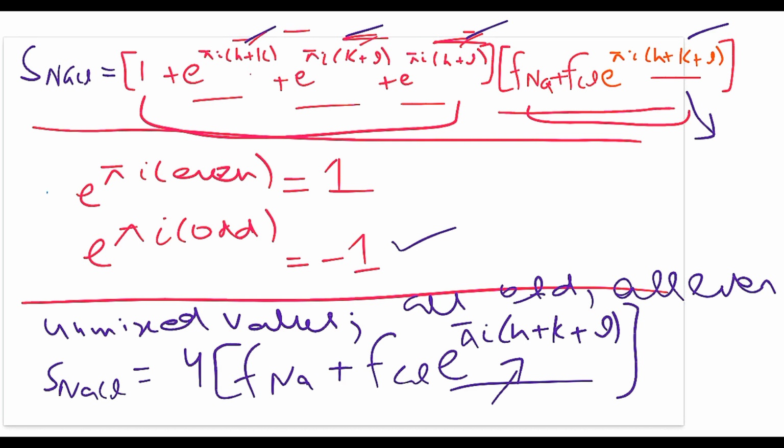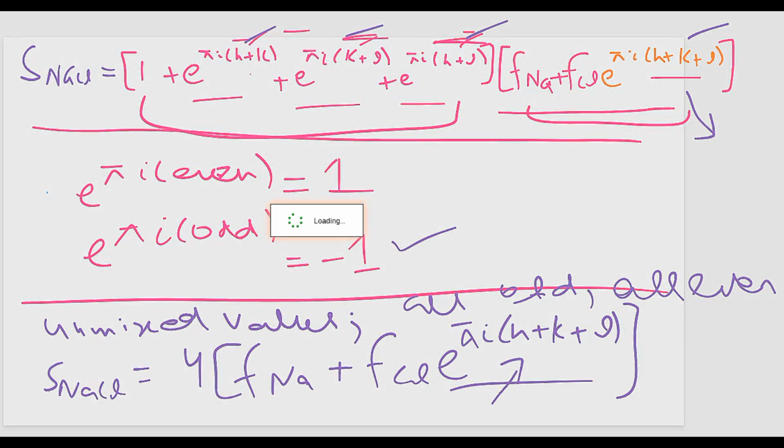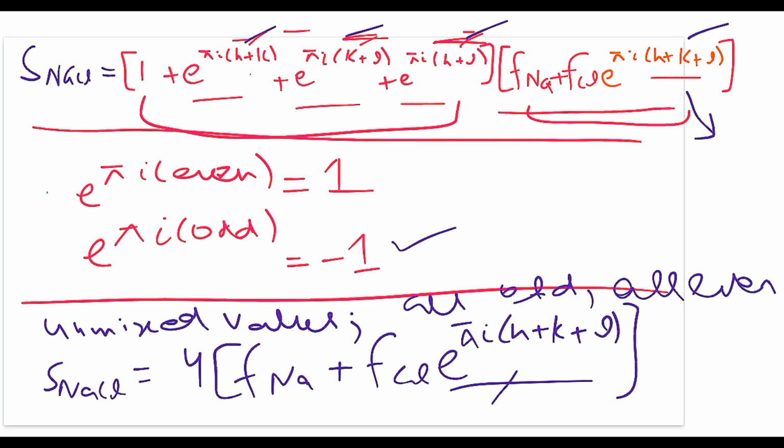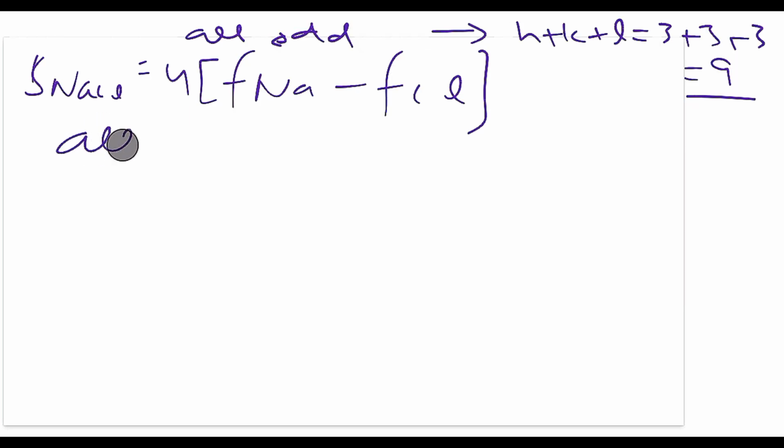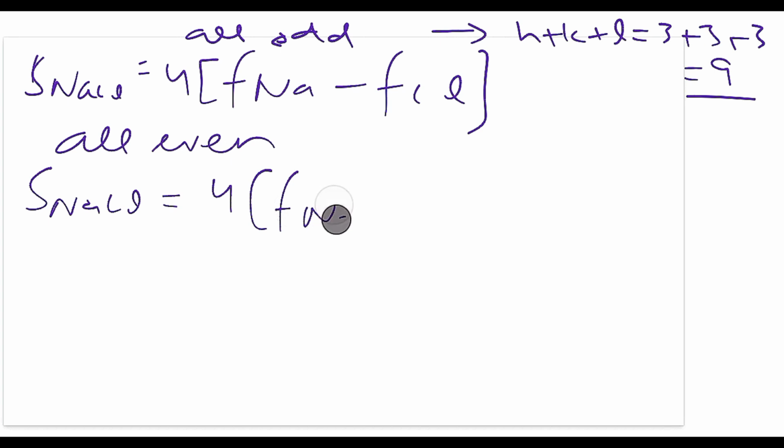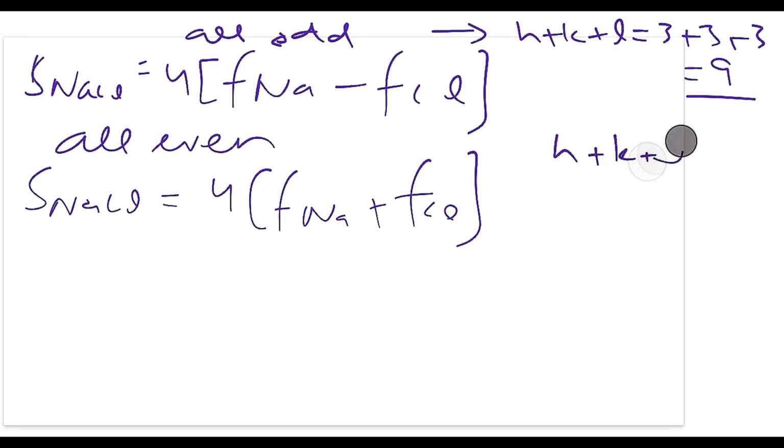Okay, for the all even situation, all even numbers add up to always give an even number. So in the all even situation, we have S NaCl equals 4 times FNa plus FCl, because H plus K plus L is even.